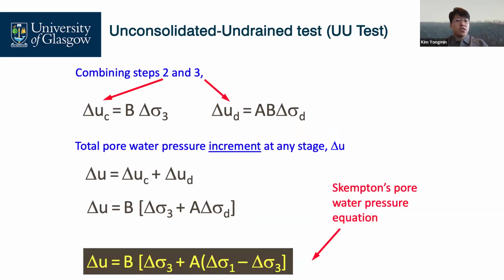So in stage 2, we will get the B parameter. In stage 3, we will get the A parameter. So our total water pressure increment at any stage, delta U, can be expressed in terms of the B value and A value.